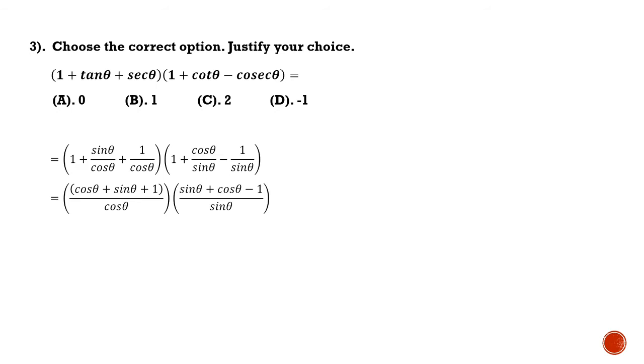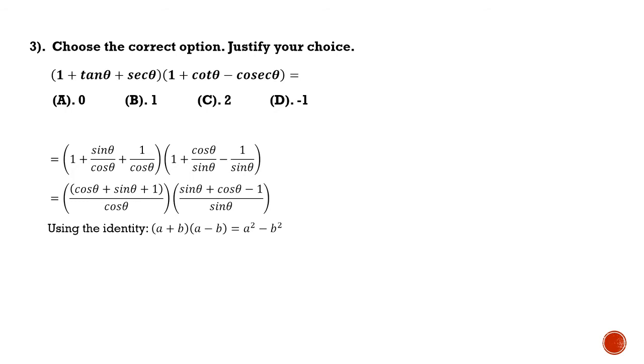If we try to solve them and make it simple, this will be the next step. Now here we'll be using the identity a plus b, a minus b is equal to a square minus b square. On what basis?